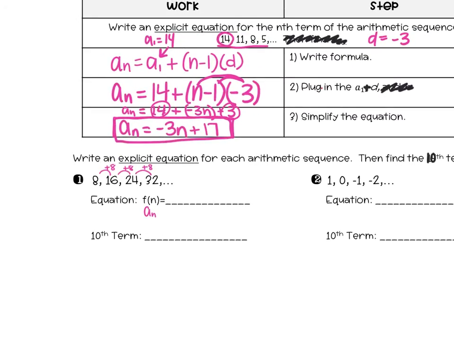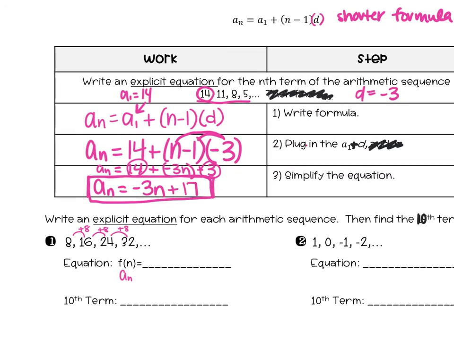So now I want to look at my formula here, all right? My first thing is A1. Well, the first term of that sequence is 8, all right? Then I have a plus sign, and then I do n minus 1 multiplied by the common difference, which was 8. Okay, remember to simplify that when you can.